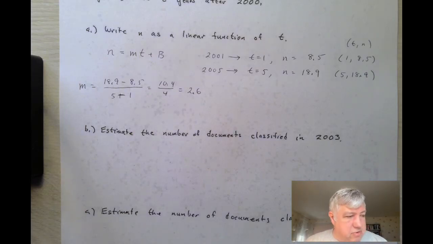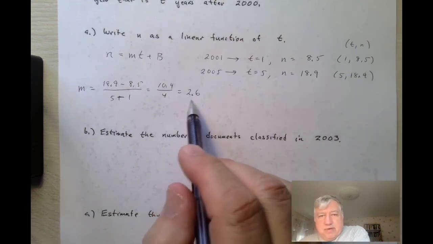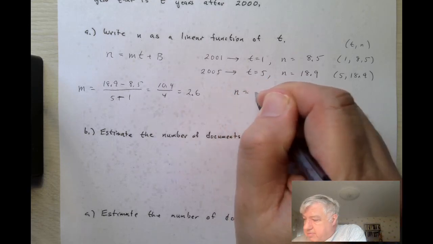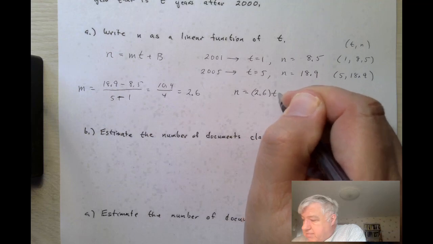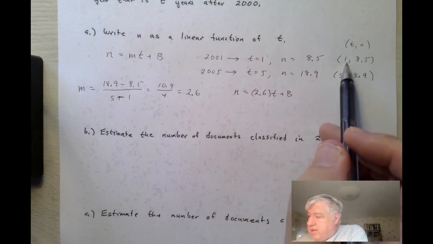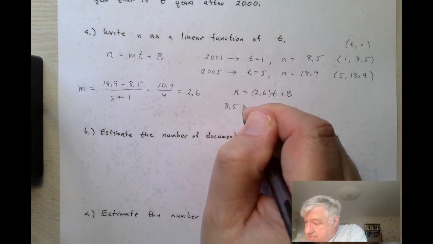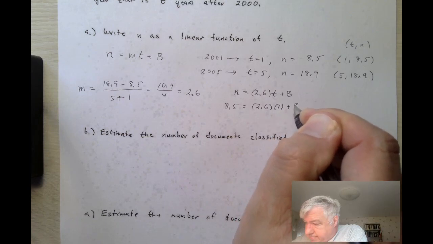And then to find what b is, we can just pick one of these points and plug it in here. Right now we know that n is equal to 2.6 times t plus b. We plug in t equals 1 and n equals 8.5.